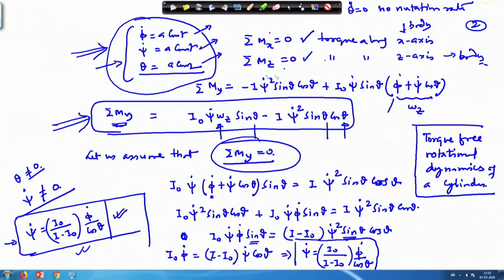So, that gave theta dot turned out to be a constant, and that implied that m x will be 0 and m z will be 0 along the x body axis and the z body axis. Okay. So, only the torque will be acting along the y axis.